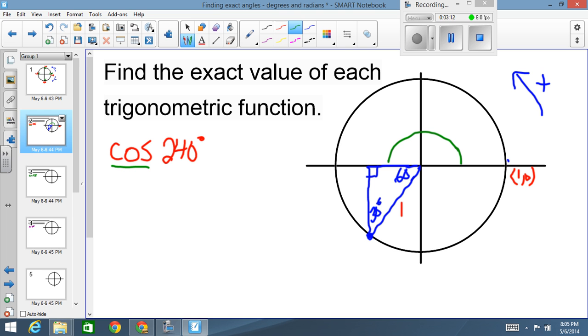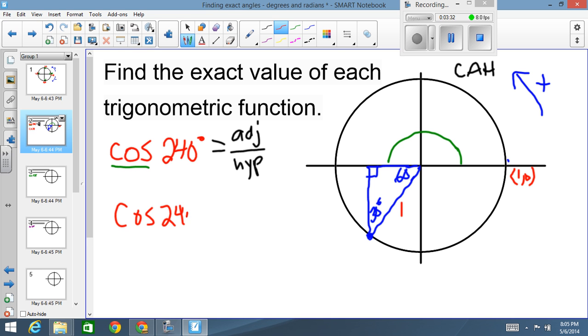In order to do cosine, I know that cosine, because of SOHCAHTOA, C-A-H, cosine is adjacent over hypotenuse. So I need those two sides. Well, I already know my hypotenuse. Cosine of 240 equals, I know my hypotenuse is 1.